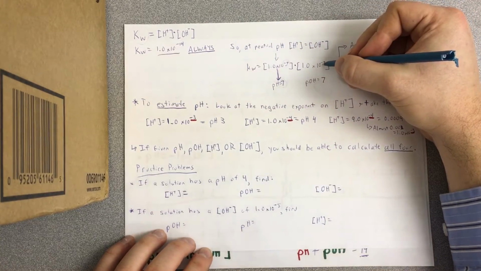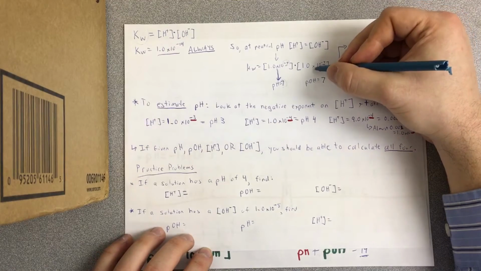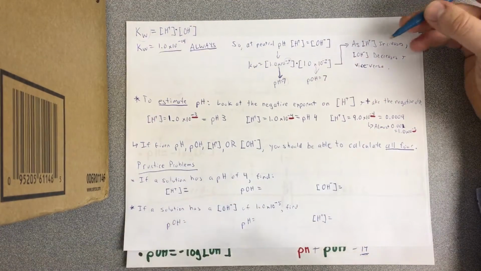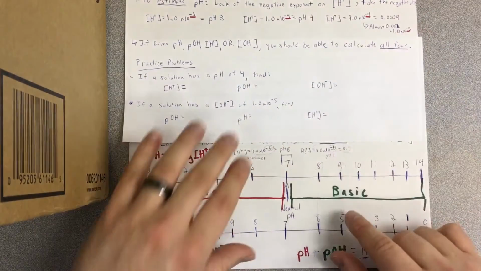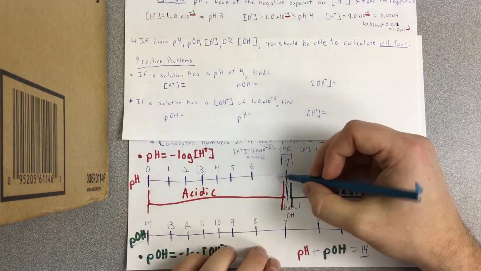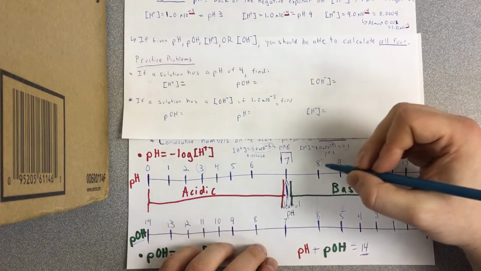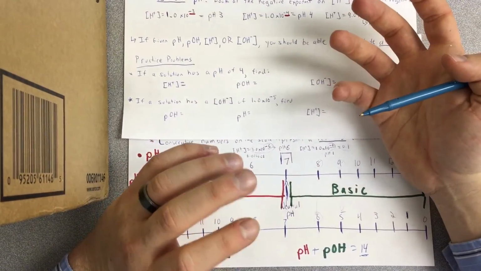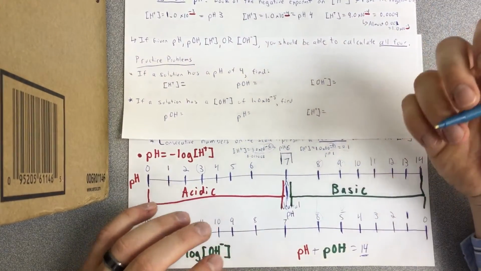And at an OH minus concentration of 10 to the negative 7, that would give us a pOH of also 7. So this 7 on our scale is neutral because it is when the concentration of H plus and OH minus are balanced.